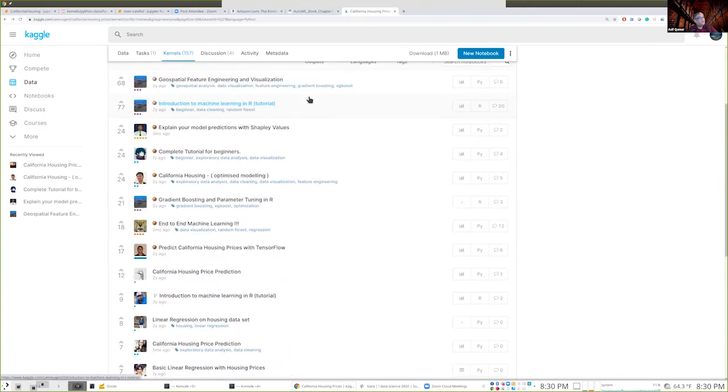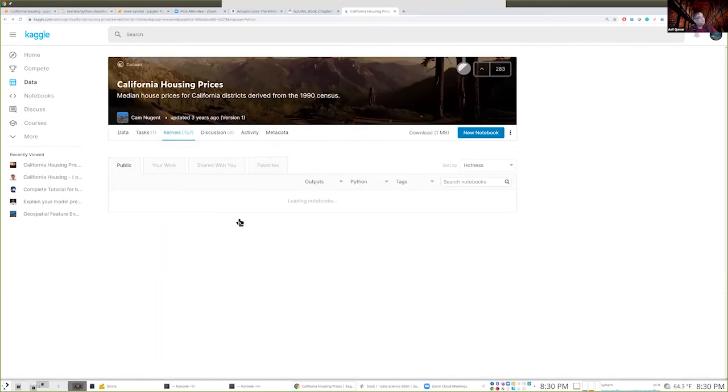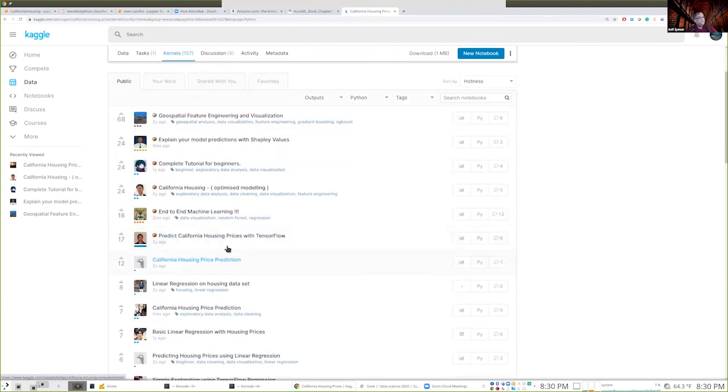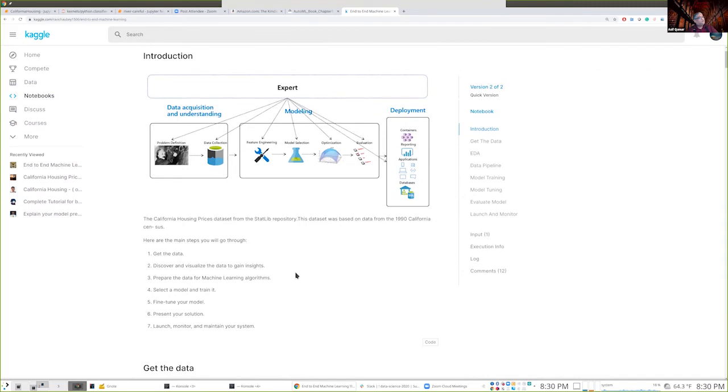Do it like that. Any other notebook worth looking at before we take a break? Maybe one more, let's take End-to-end machine learning, 18. Let's try our luck with this. Introduction.